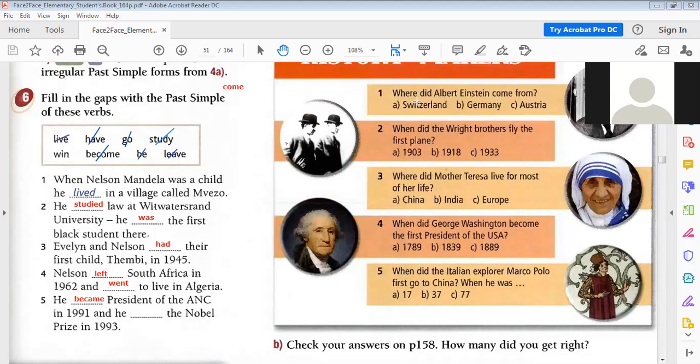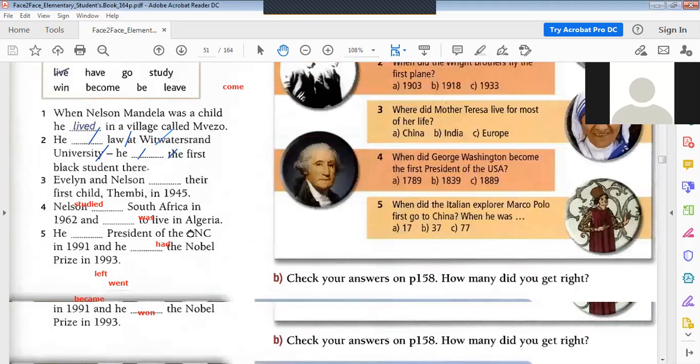So the past of win is won, W-O-N. So this is the meaning of win. Won, of course, is the past of win.